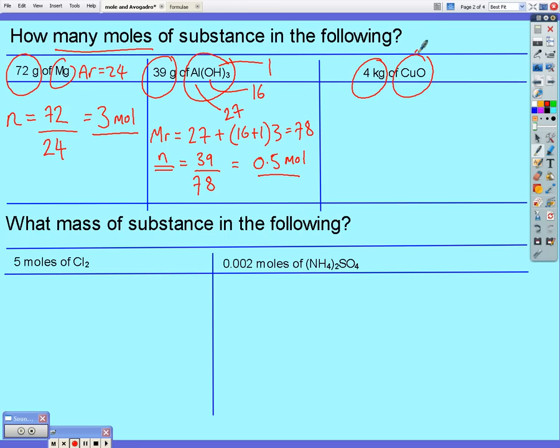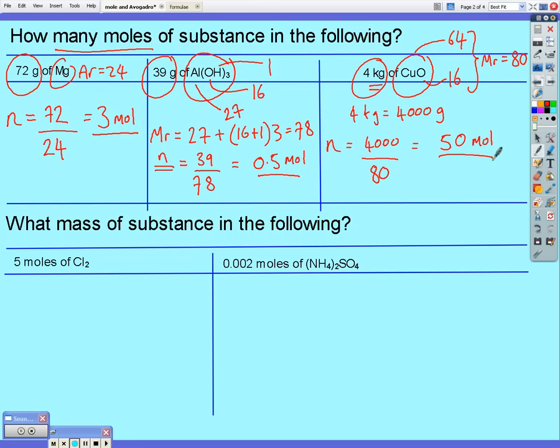Copper, from your periodic table, has a relative atomic mass of 64, whereas oxygen is 16. So our relative molecular mass is equal to 80. 4 kilograms. Well, 4 kilograms, of course, is equal to 4,000 grams. So the number of moles of copper oxide we have is 4,000 grams divided by the molar mass of 80, which gives us 50 moles.